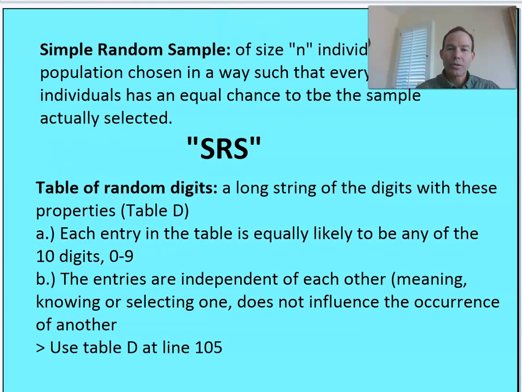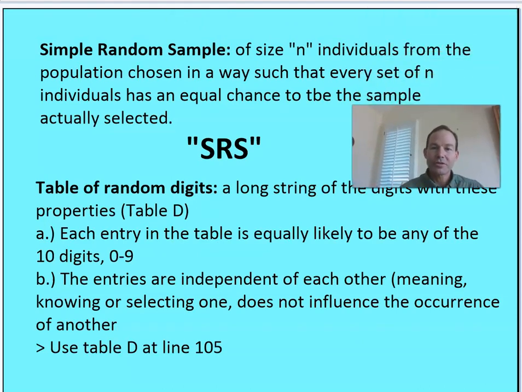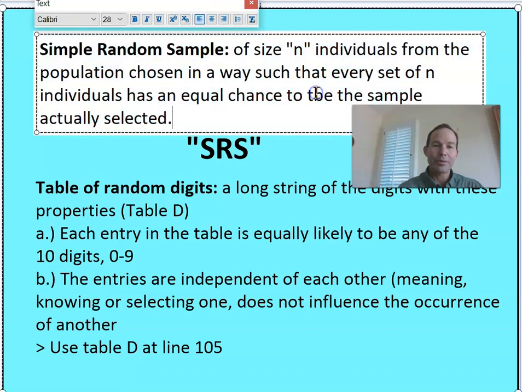All right, so I have to move this around here. A simple random sample of size n individuals from a population is chosen in a way such that every set of n individuals has an equal chance to be in the sample actually selected.